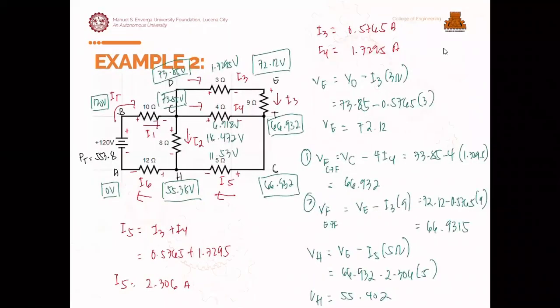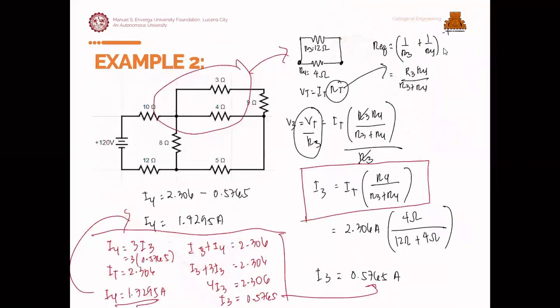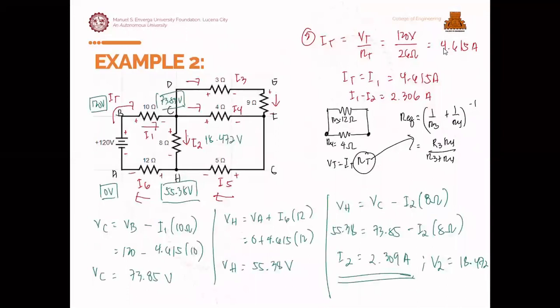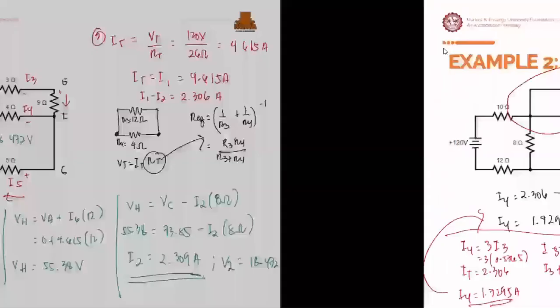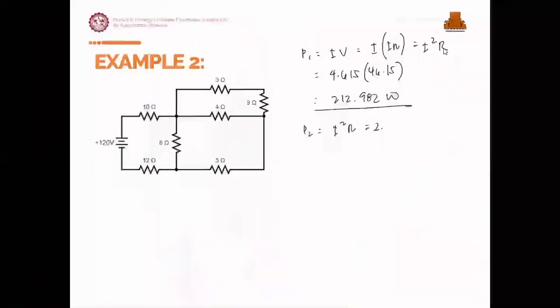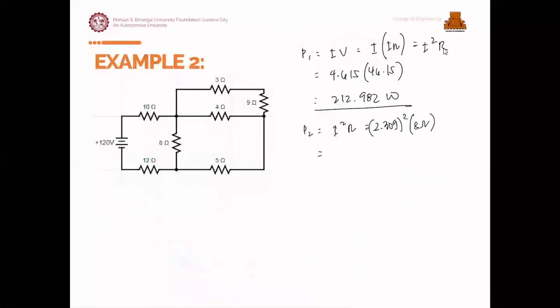Yung P2 natin, so sige, gamitin natin yung formulang yan. So, I2 natin is, ilan ang I2 nga natin? 2.309. Okay. 2.309 squared times 8 ohms. That will be 42.652 watts.